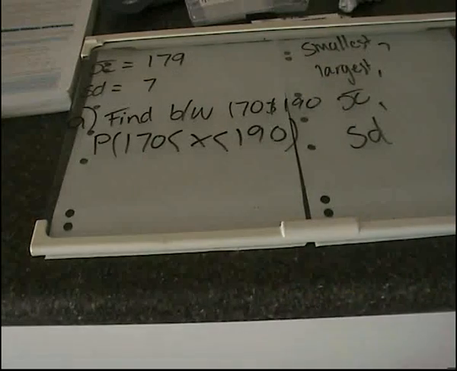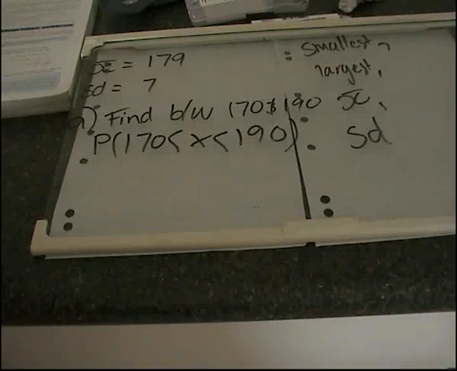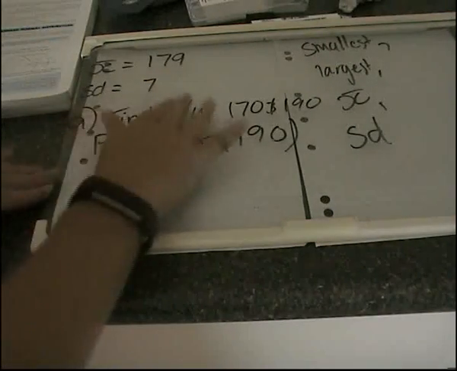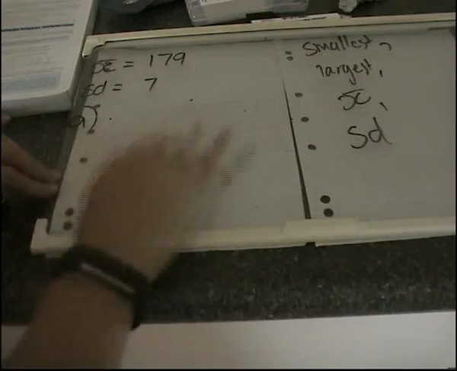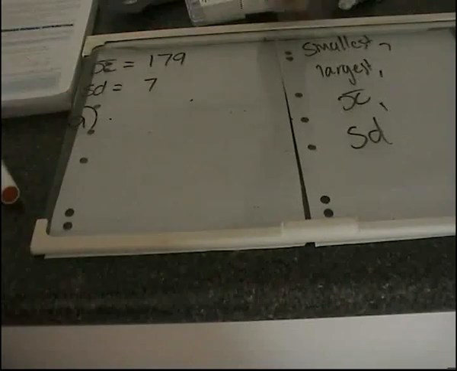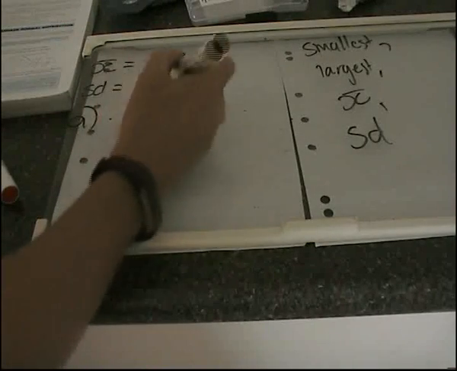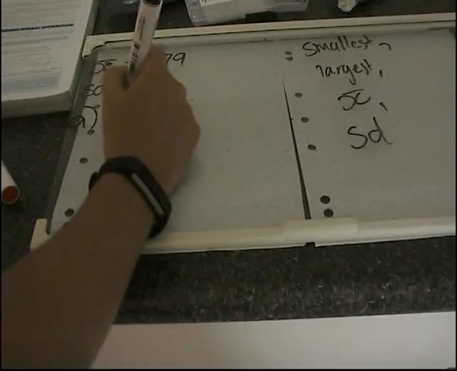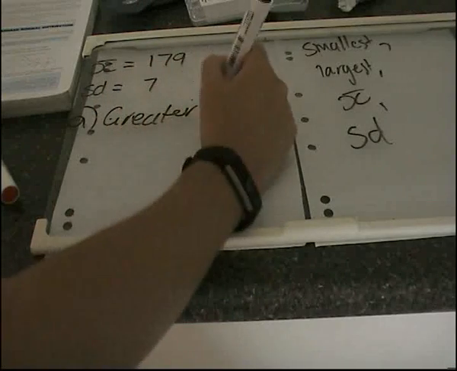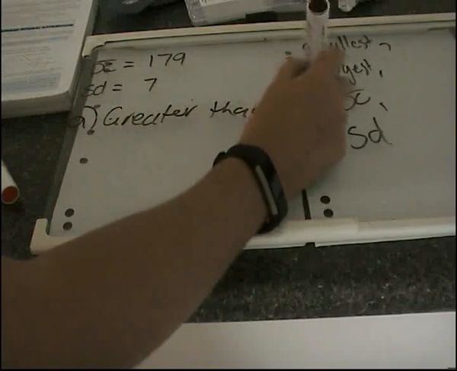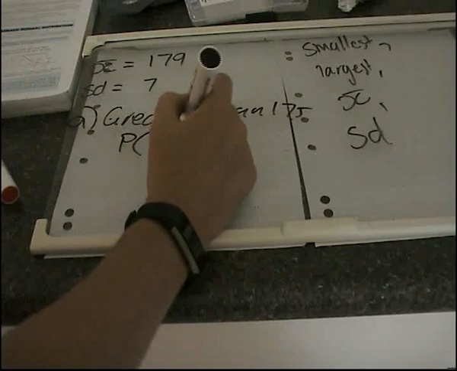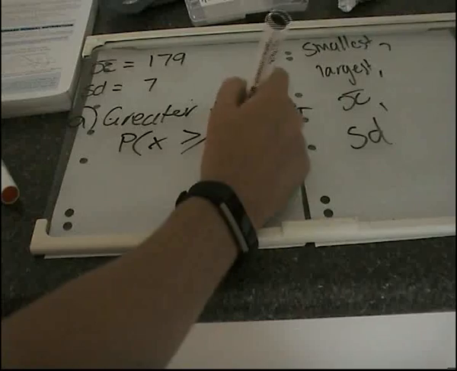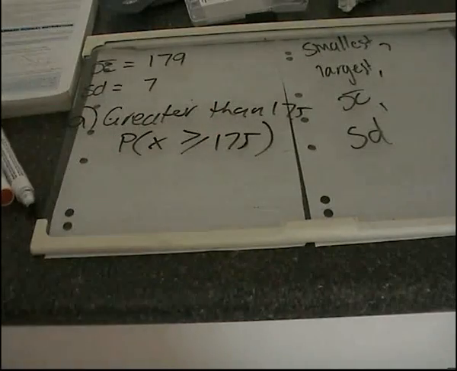Now if you don't, say we wanted to find greater than 175. So that would look something like P(X ≥ 175).